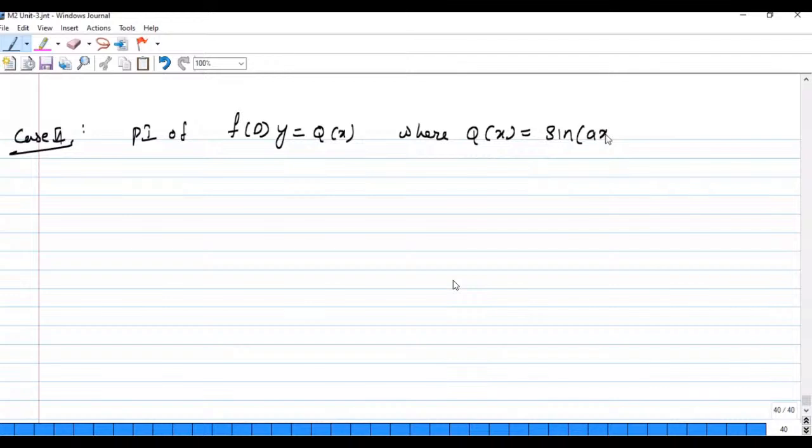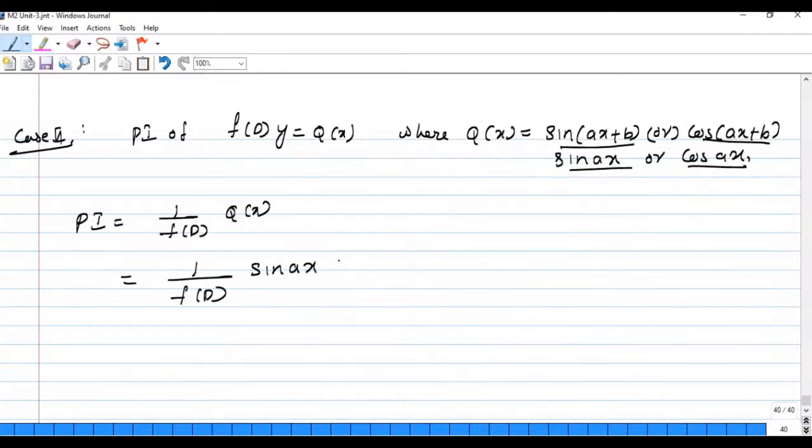PI is 1 by f of D into Q of x. I'll just write sin x; I am writing for sin x, but this PI is the same for all of these.